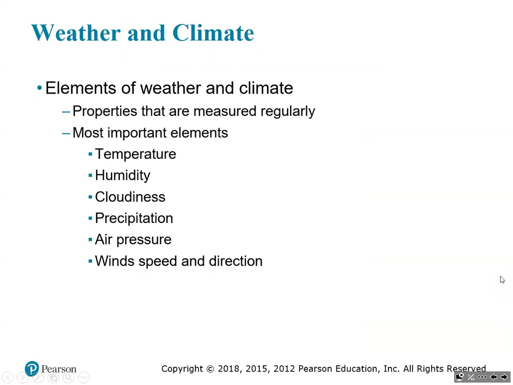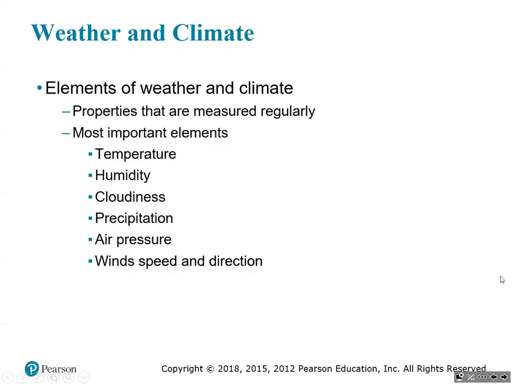So the elements of weather and climate are properties that can be measured regularly. The most important ones that we measure are temperature, how hot it is; humidity, how much water there is in the air; cloudiness, the amount of clouds; precipitation, how much water is falling from the sky, and what kind of water is falling from the sky, is it liquid water or solid water; air pressure, the pressure of the air; and wind speed and direction.